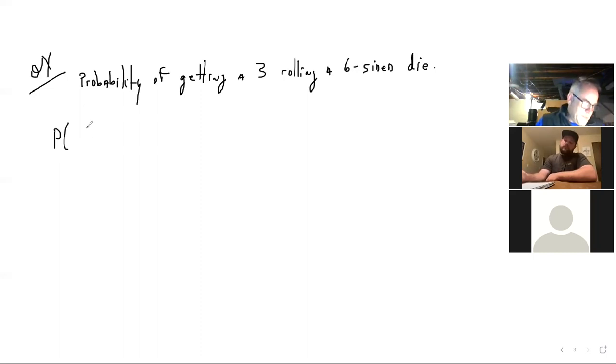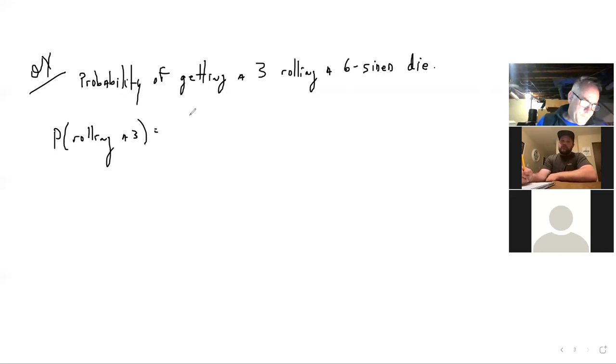Notationally, probability of rolling a 3. Now, the number of ways of getting a 3 is 1. There's one possible outcome. You've got a 6-sided die, and only one side of that 6-sided cube has a 3 on it.